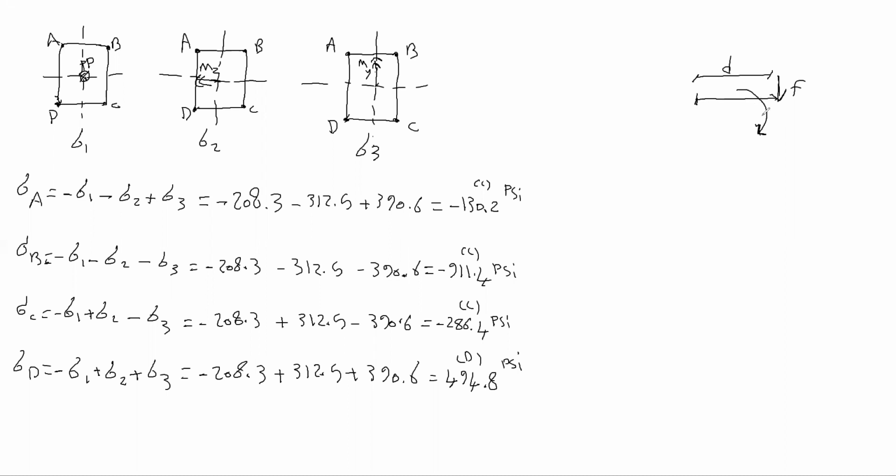Thumb is D times F. So it is rotating, right? If you rotate, then your thumb goes to the screen.